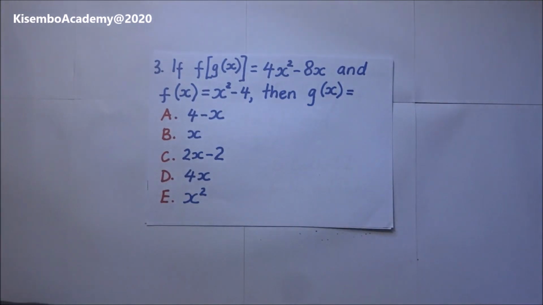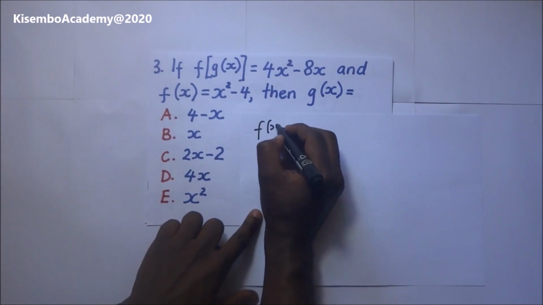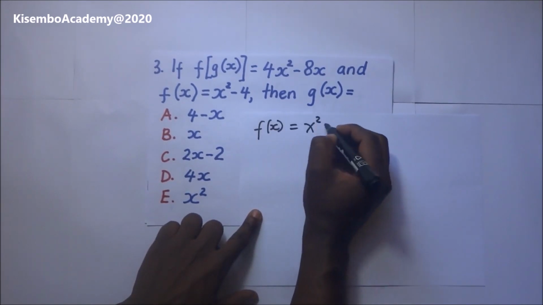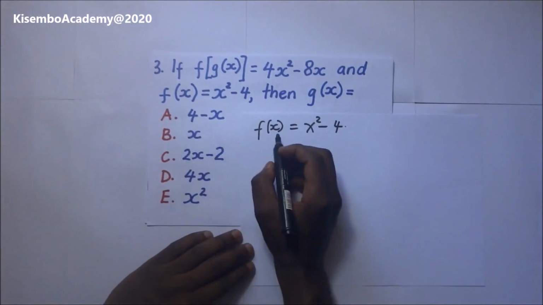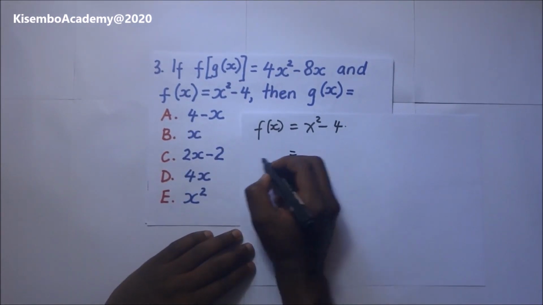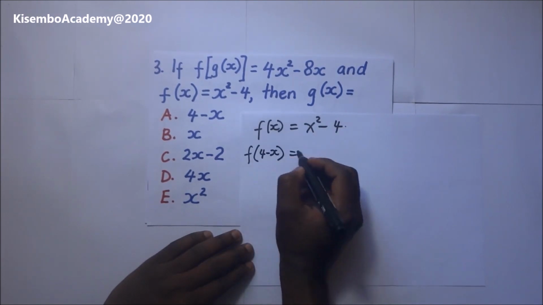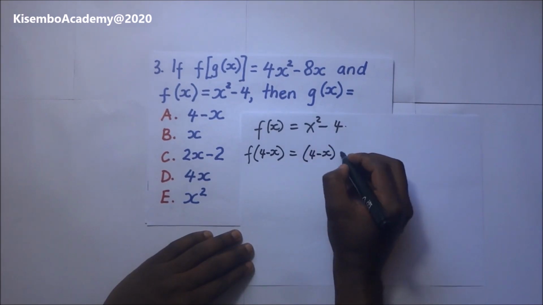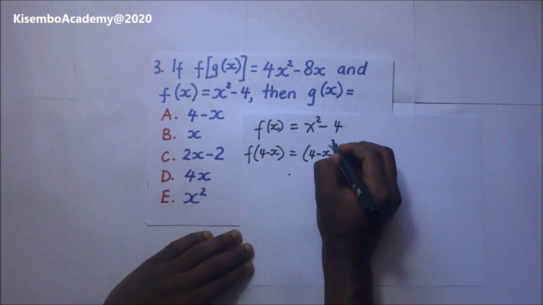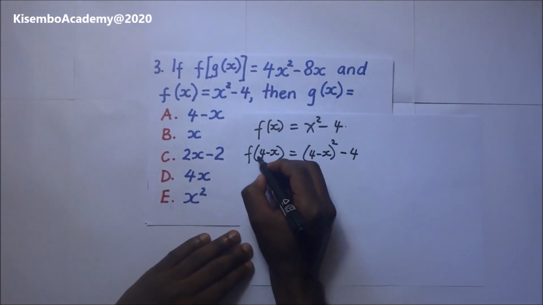So let's begin with a. A is 4 minus x. We know that f of x is x squared minus 4. So f of 4 minus x gives us 4 minus x, all squared, minus 4. This whole thing is the input.